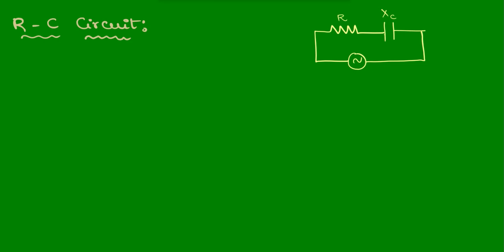And here the resistor has a phase difference 0, and capacitive reactance lags. So this is Xc. As they are mutually perpendicular to each other, the resultant resistance here will be given a new name called impedance.